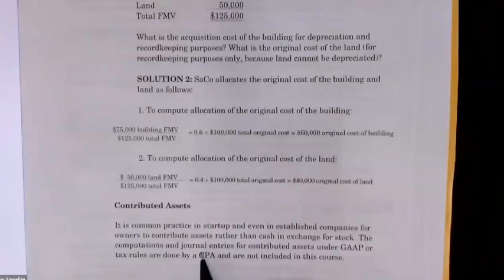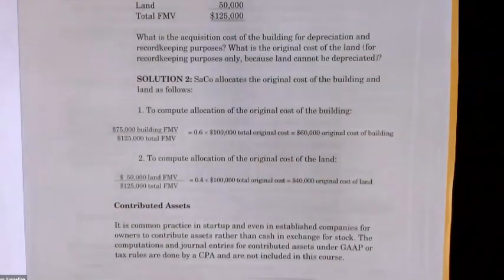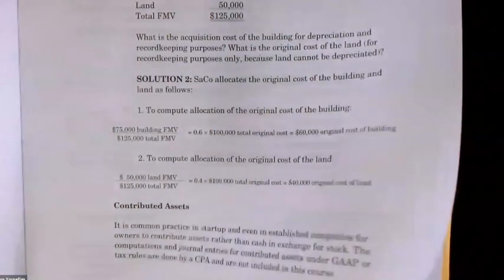So this situation depends on several factors. It's out of the area for this book, and depends what type of business it is. It depends if it's a corporation, if it's a partnership. So there are several factors that need to be considered. That will be in advanced accounting type of books.